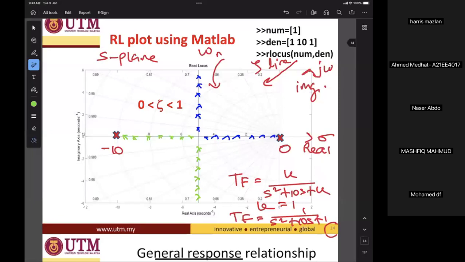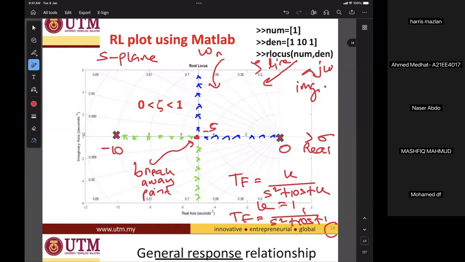And this one is minus 5. Minus 5 is the breakaway point. So the locus will start from poles and end at zeros or infinity.